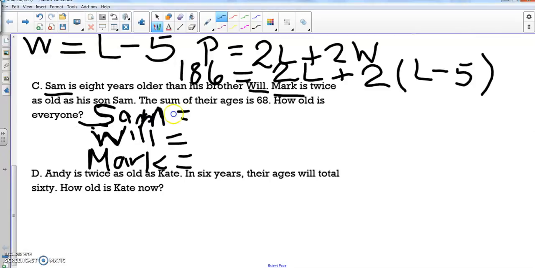Sam is 8 years older than his brother Will. So Sam is equal to whatever Will is plus 8. I don't know what Will is. We'll figure it out. Mark is twice as old as his son Sam. So that's 2 times whatever Sam is.